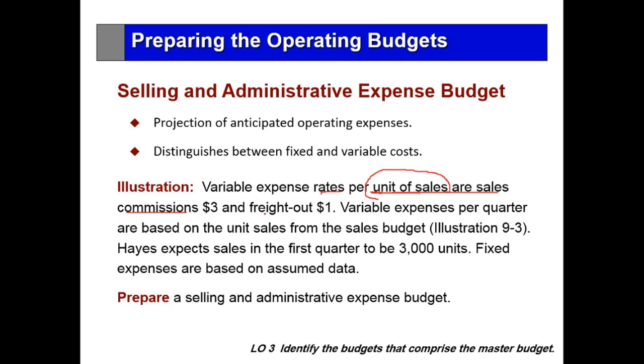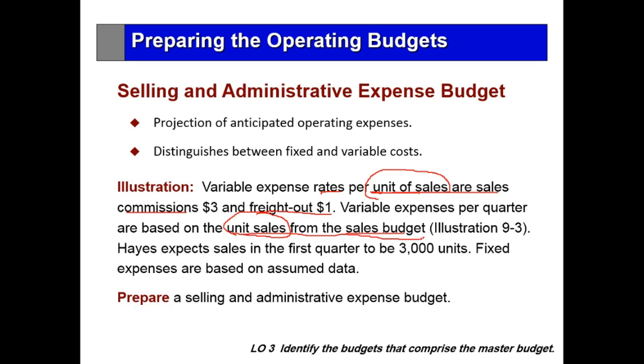For every unit we expect to sell, we charge the selling and administrative expense budget with write out $1. Variable expenses per quarter are based on the units of sales from the sales budget. From where can we know the units of sales? We can extract them from the sales budget.